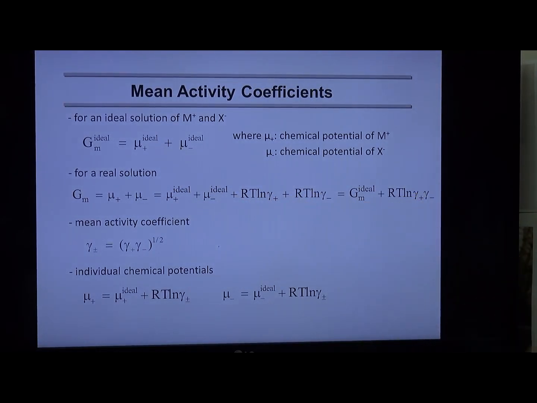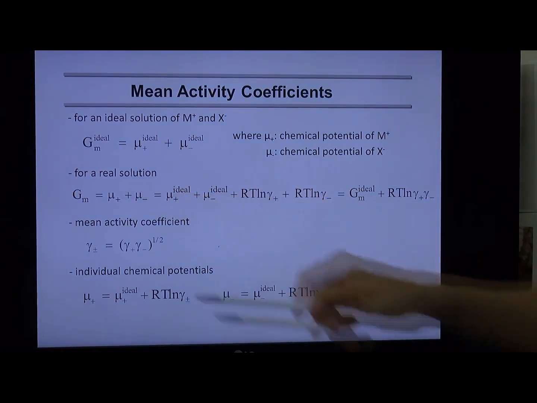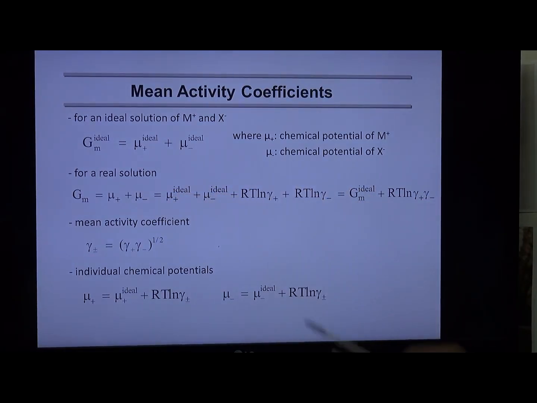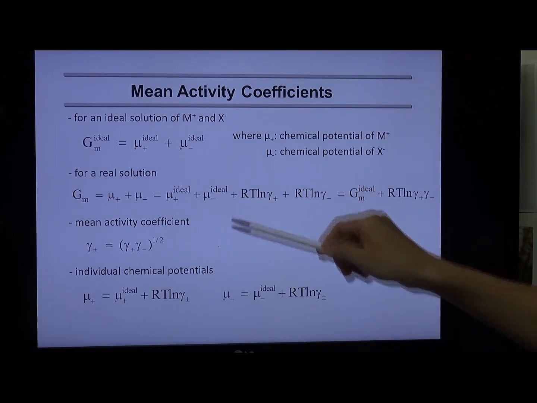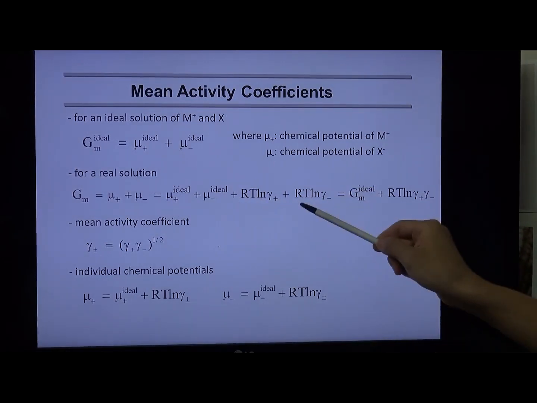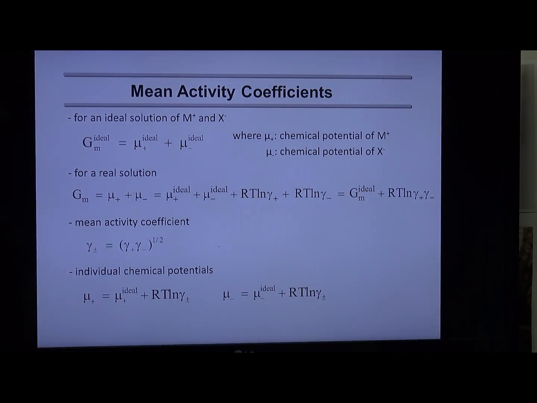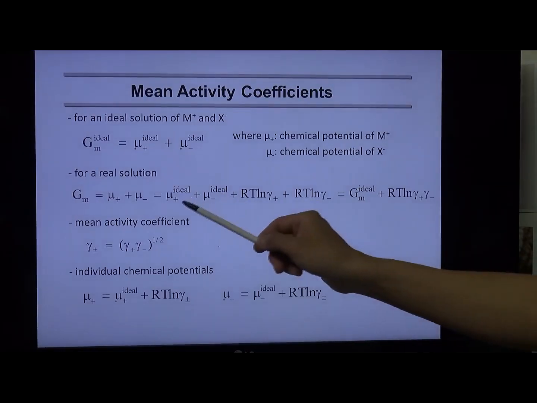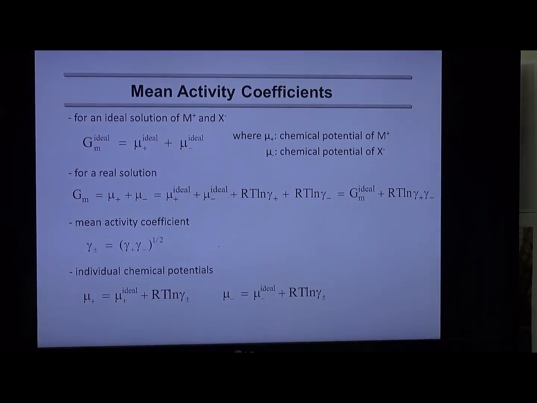And the chemical potential of the anion can be represented as the chemical potential of the anion for an ideal solution plus RT ln gamma minus. Which corresponds to the molar Gibbs energy of the ideal solution plus RT log gamma plus gamma minus.